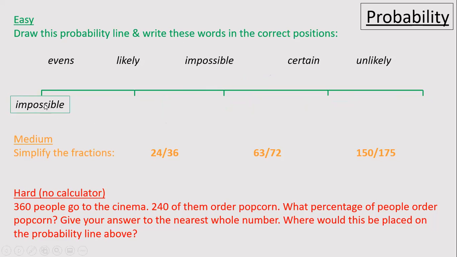On the left side we have impossible. If anything is marked on a probability line as being impossible, it's on the left side. Next to that, you have unlikely. Not impossible, but not likely to happen. In the middle, you've got evens, what we also call 50-50. There's half a chance of something happening.